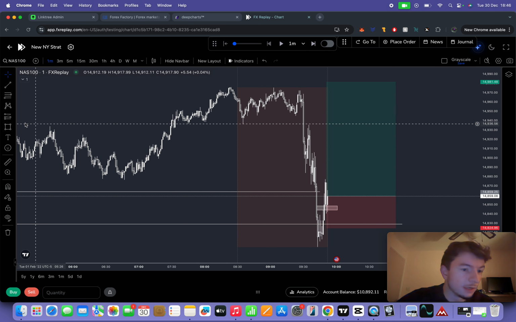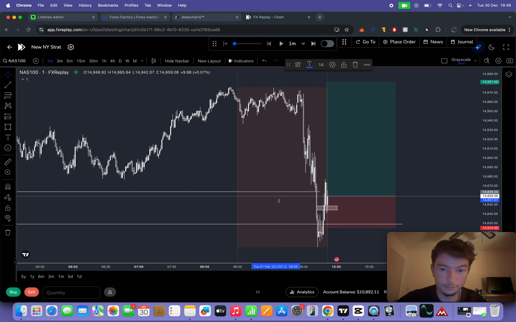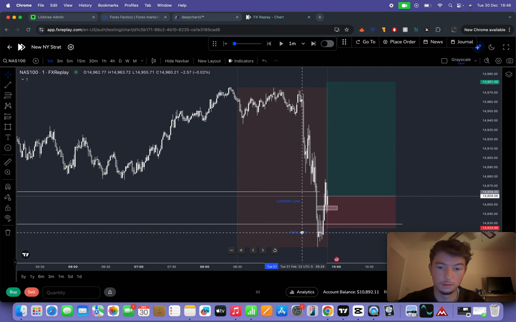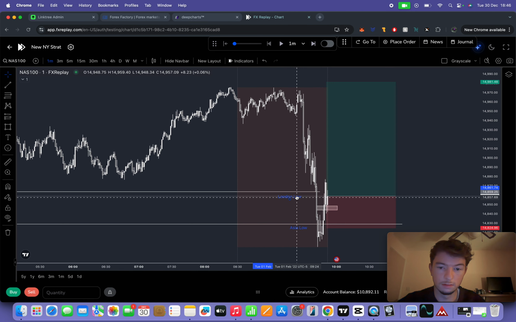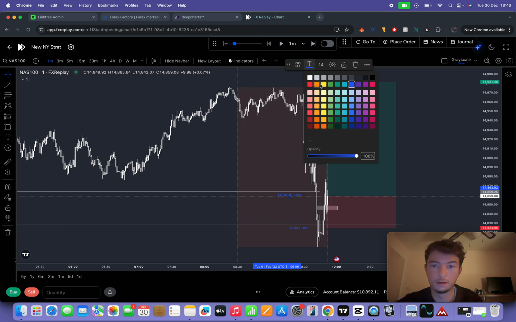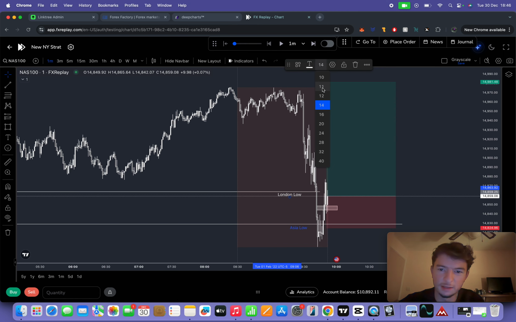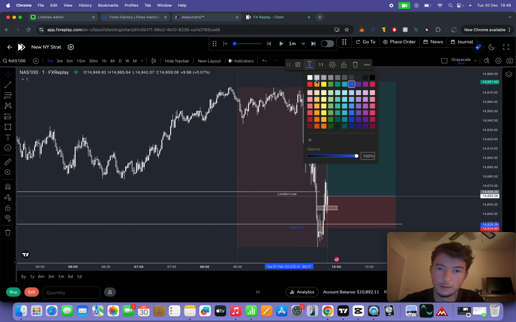So for my journaling purposes, I'm going to put some text in here. London low. Asia low. Put them in white. And I don't like how big that text is, so we're going to do that. 11 and then white.